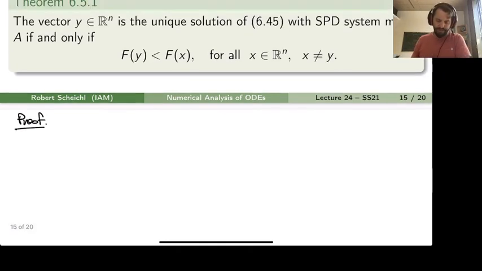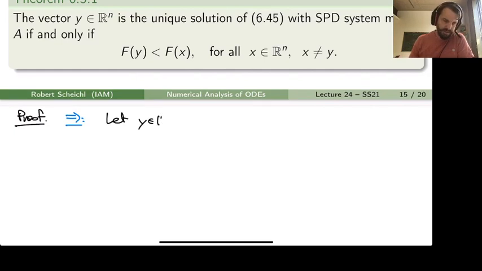Okay, let's first start this way. Assume that y solves the linear equation. So let y be in Rn such that Ay equals b.